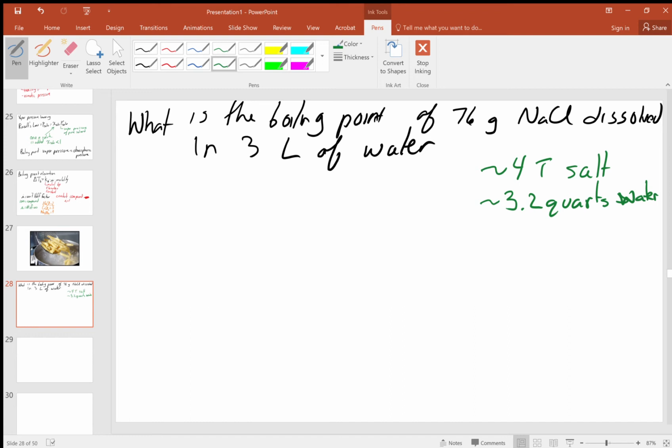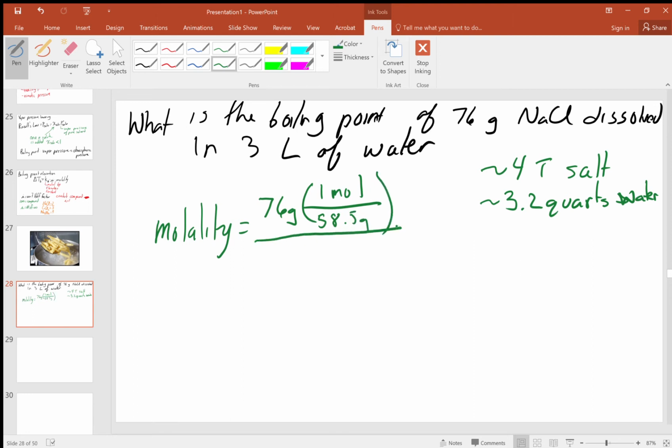So in order to do this, we first need to calculate the molality. So the molality, we recall, is the moles of the solute. So that's 76 grams times 1 mole over the molar mass of sodium chloride, 58.5 grams. And we divide that by the mass of the water in kilograms.